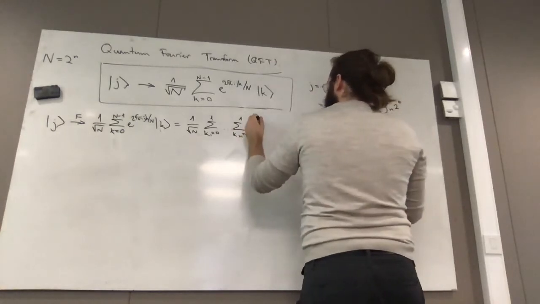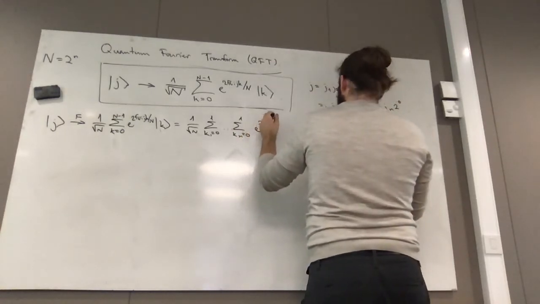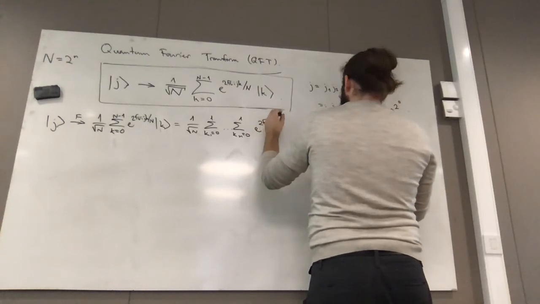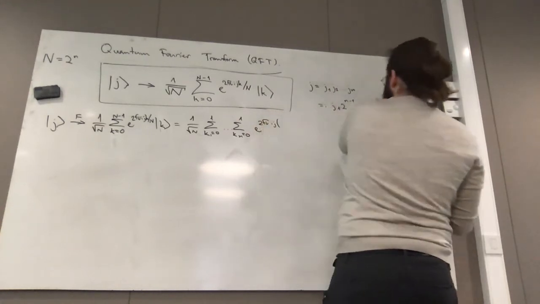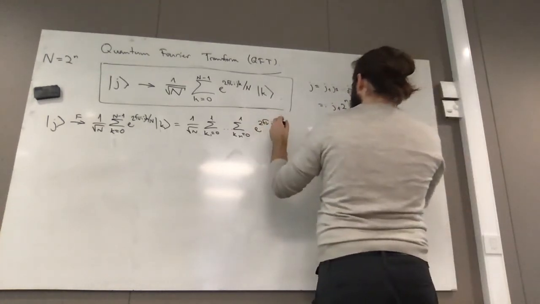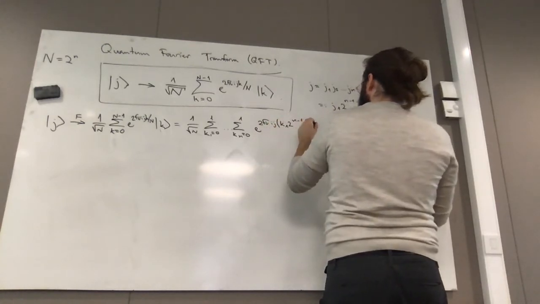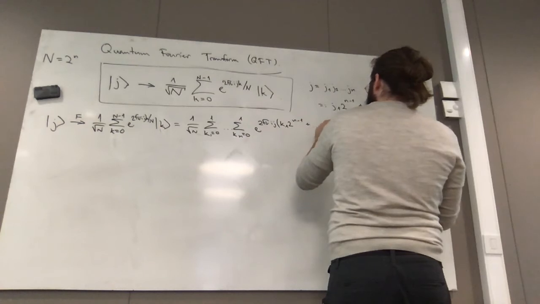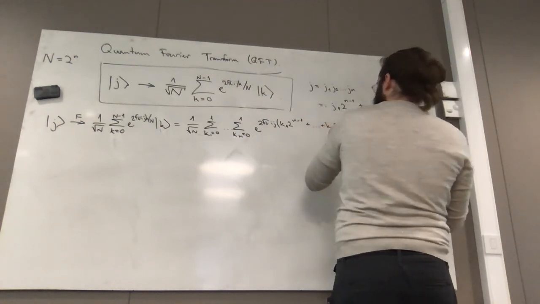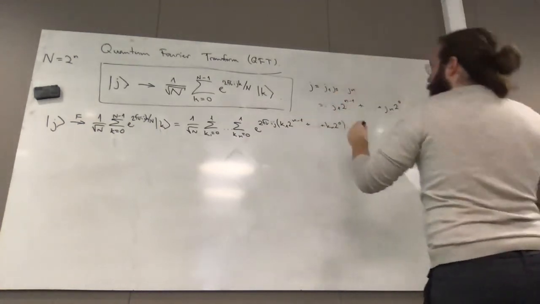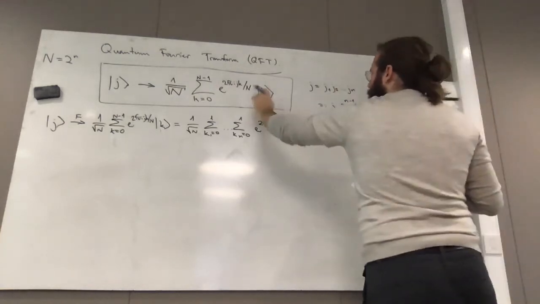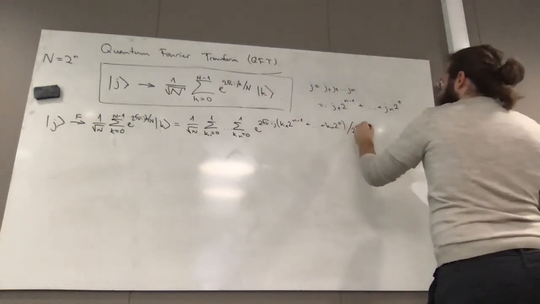And then this becomes e to the 2 pi i j, and then we use this thing: k1 2 to the n minus 1 plus up to kn 2 to the 0. And then it's divided by capital N up here, but now I'm going to write that as 2 to the power n.